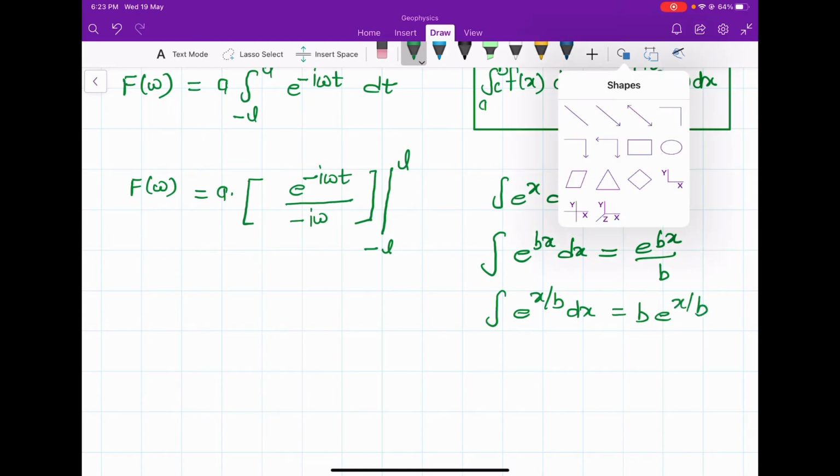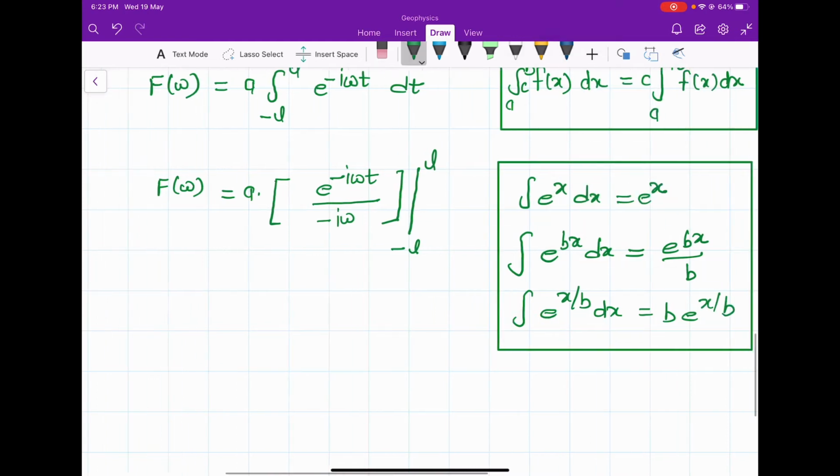So this is the formula of the exponential term.